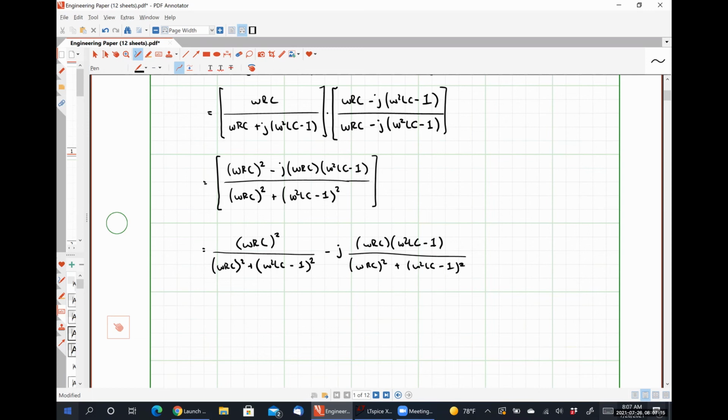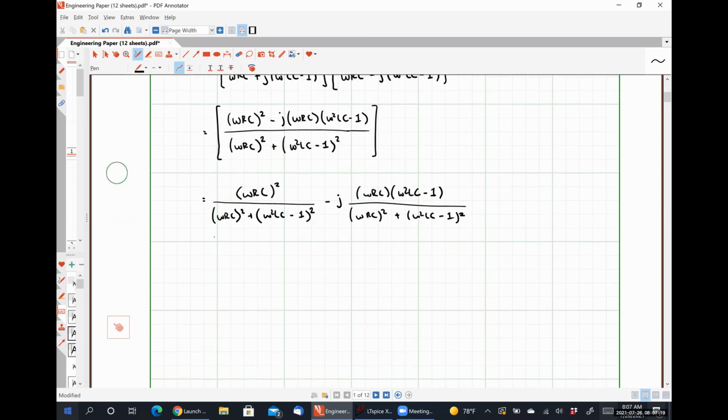So we have our real part and our imaginary part explicitly written out.